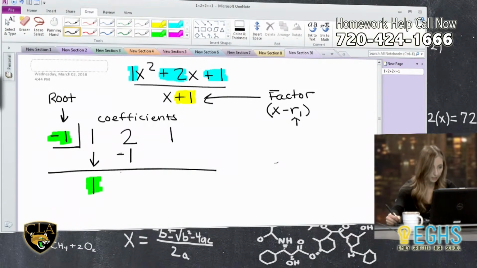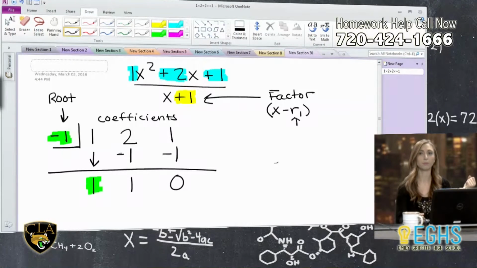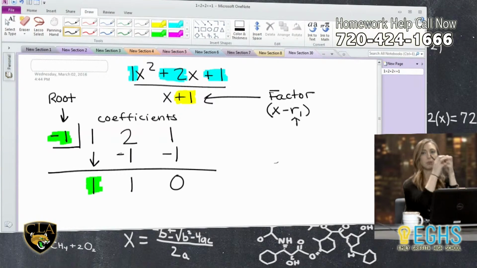And then we add: 2 plus -1 is 1. We multiply again, 1 times -1 is -1, and add again, and we get 0. So again, it's bring down, multiply by the root, put our answer under the coefficient, add. Multiply, add, multiply, add until we're totally finished.